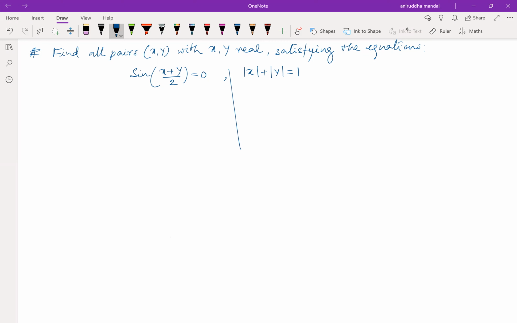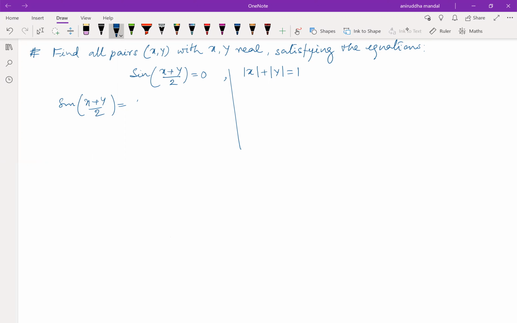So for the first part, sin((x+y)/2) is 0. Zero means we can write sin 0 as 0, then sin pi equal to 0, then sin 2 pi, 3 pi, and similarly for minus pi, minus 2 pi.